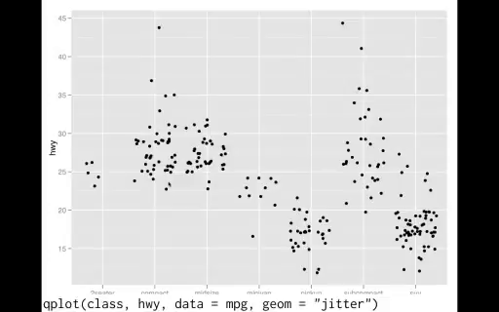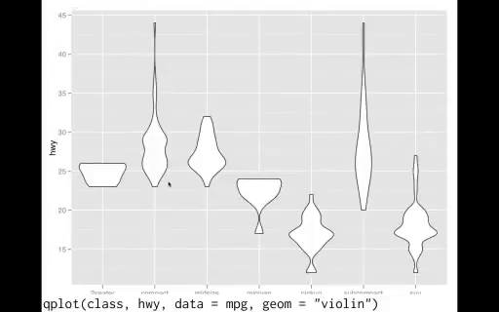So Winston's contributed two new geoms. The first of all is the violin geom, through geom equals violin. And that basically displays a density plot for each of our individual classes, so it makes it a little bit easier to see where the majority of the points lie. The disadvantage of the density plot is that it's effectively smoothing the data.